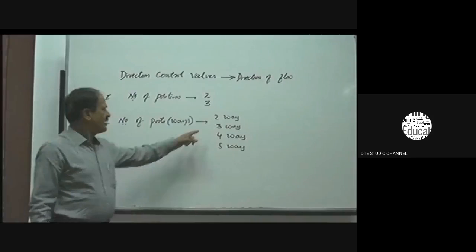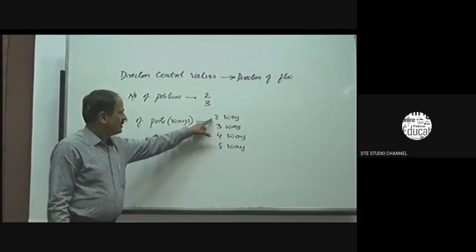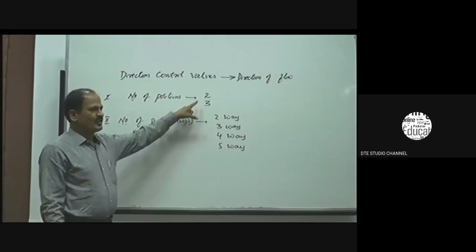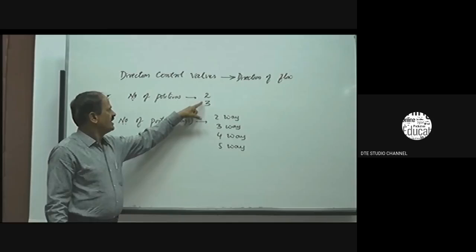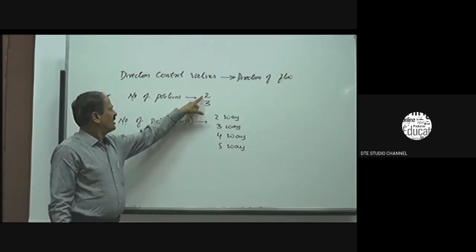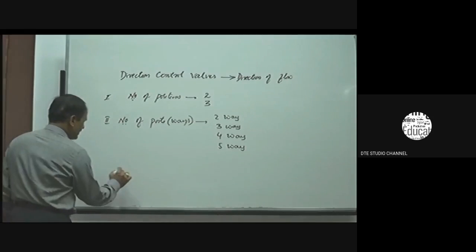Number of ports made on the valve body, they classify into two ports, three ports, four ports, and five ports. Depending upon the number of positions in the DC valve body, they classify into two positions or three positions DC valve.